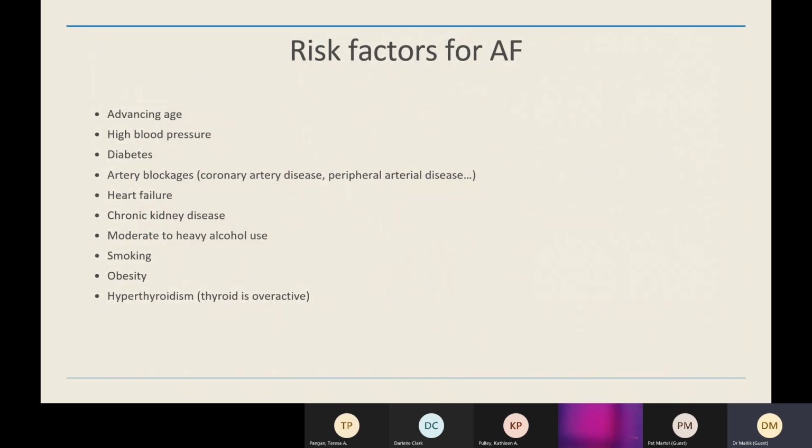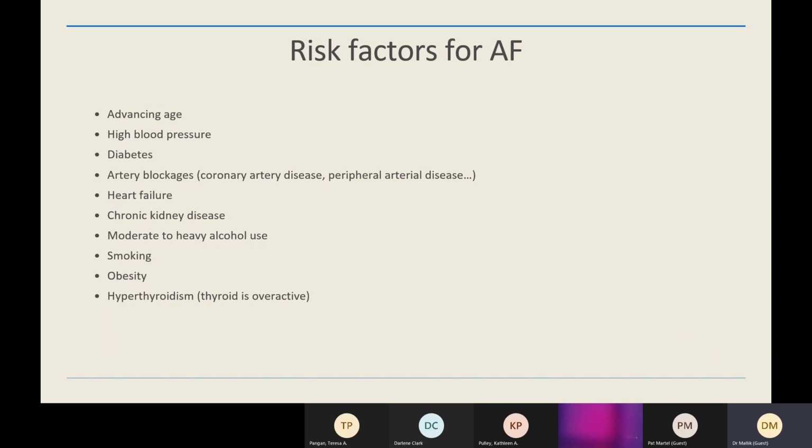So certain conditions or factors increase the potential for having atrial fibrillation. Some of the common ones are: growing older, high blood pressure, even if it's controlled, diabetes, heart artery blockages, poor circulation in the legs, heart failure, or kidneys that are not doing too well with chronic kidney disease, even if not on dialysis. Patients who drink a lot of alcohol, and as always, smoking and obesity are big causes.